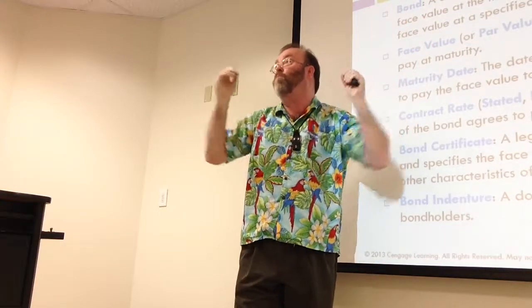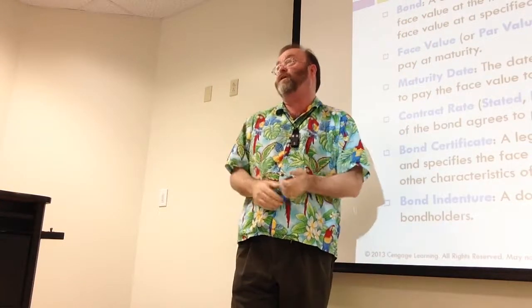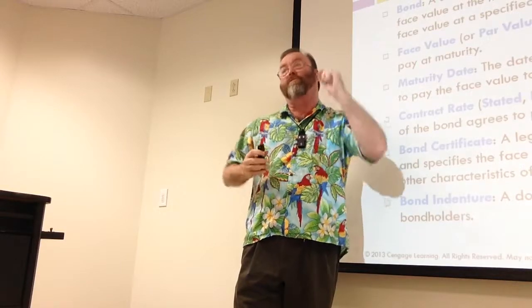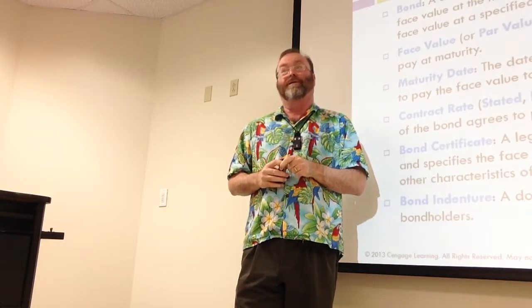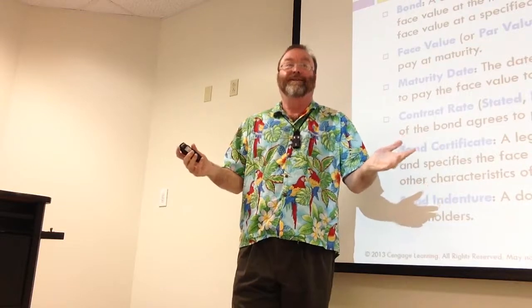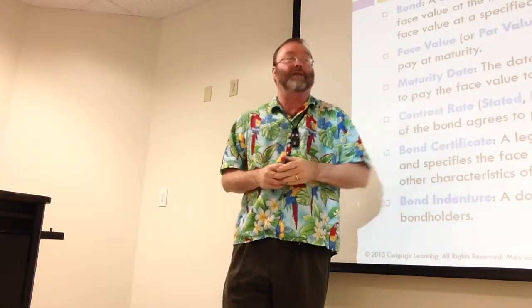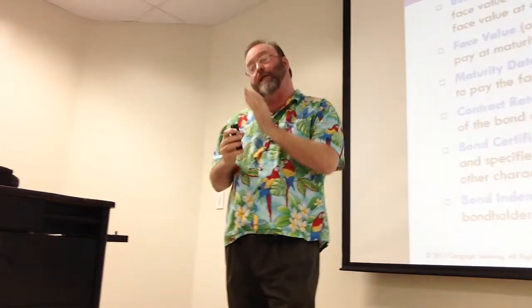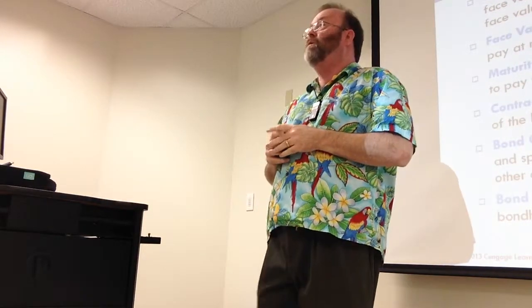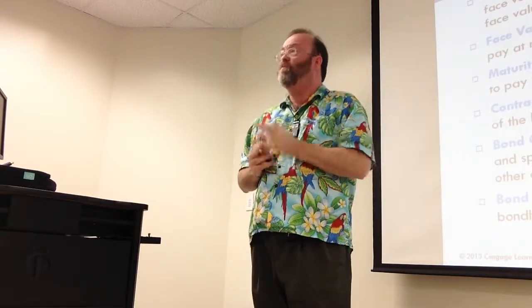You're going to want more money from the city of Detroit than you want from San Antonio. Does that make sense? Because Detroit has defaulted on their bonds and they're in turmoil. San Antonio is relatively stable. I don't know what the credit rating is on San Antonio, but it's not bad.